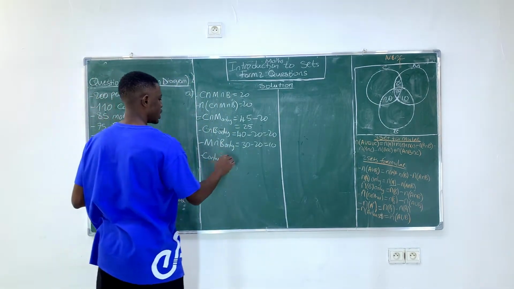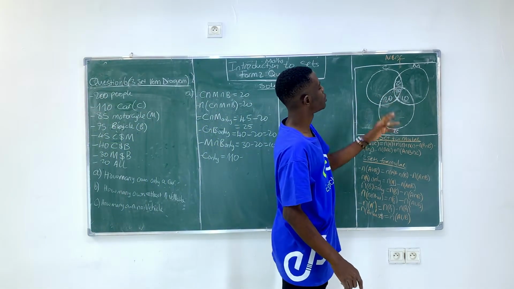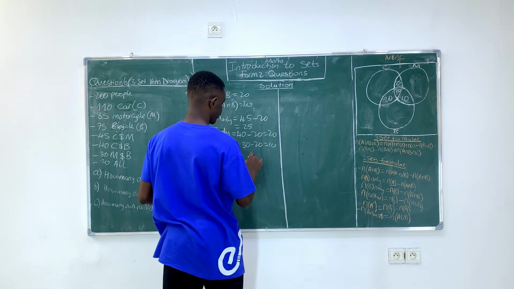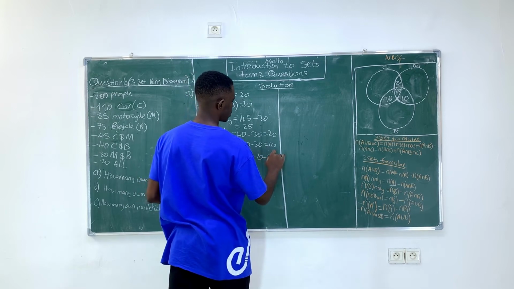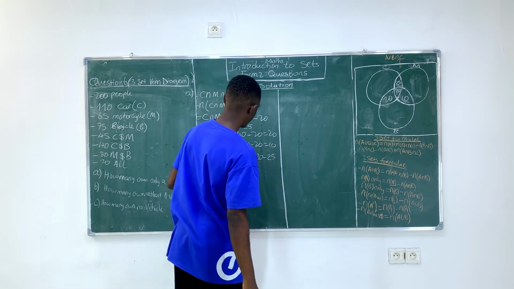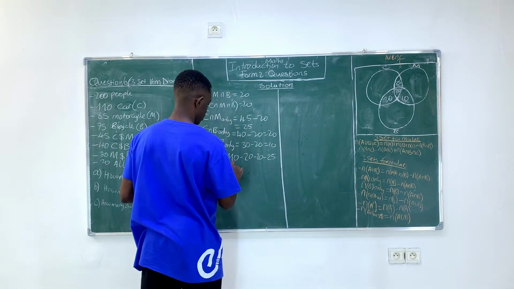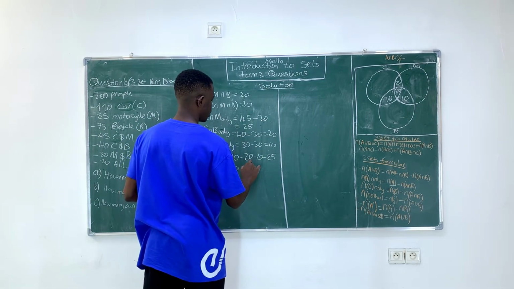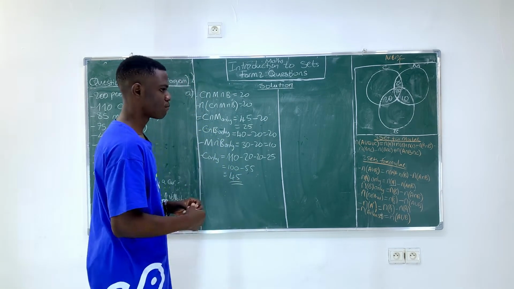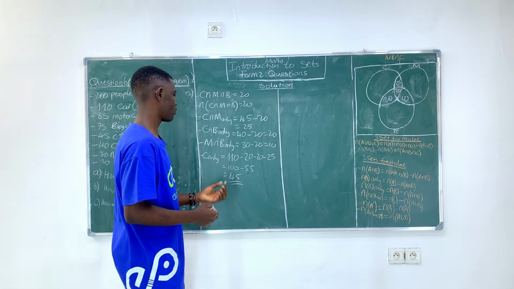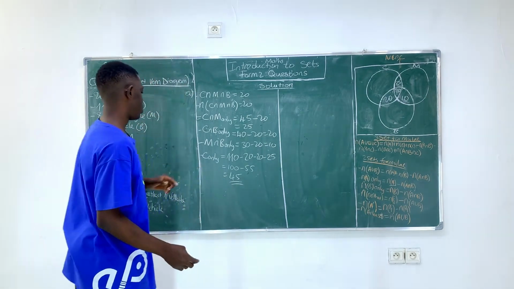So 110 minus 25, minus 20, minus 20. That is 110 minus 65, which is 45.